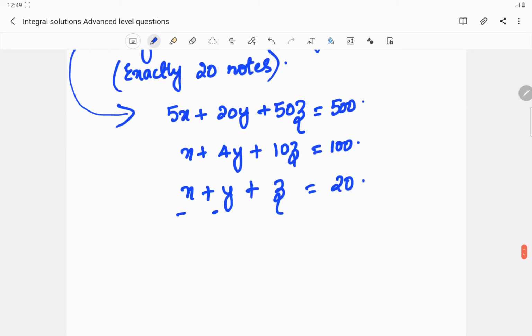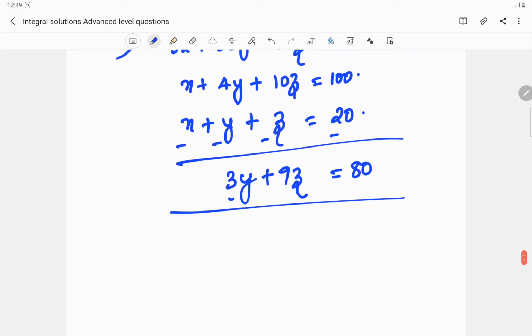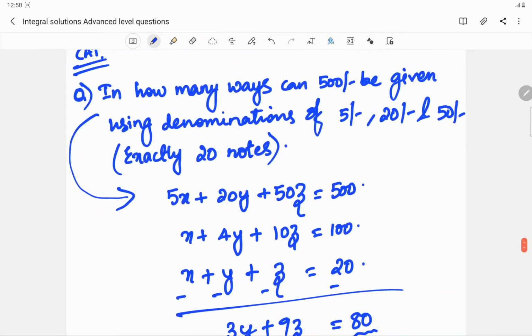So subtract these two equations, we are going to get 80 here, and 9z, and 3y. If you see here, this is divisible by 3, this is divisible by 3, this is not divisible by 3, so no value exists. That means we cannot give away rupees 500 in these denominations when the exact number of notes which we can give is 20.